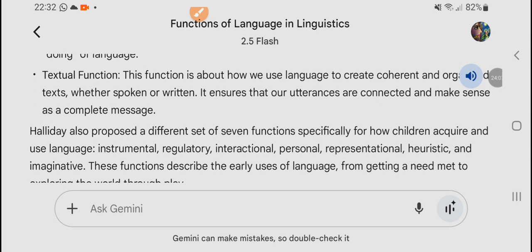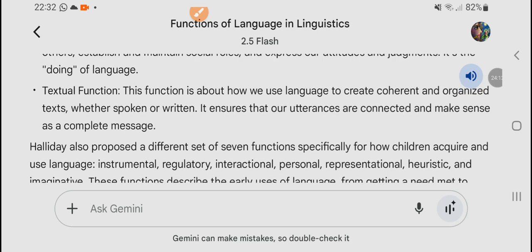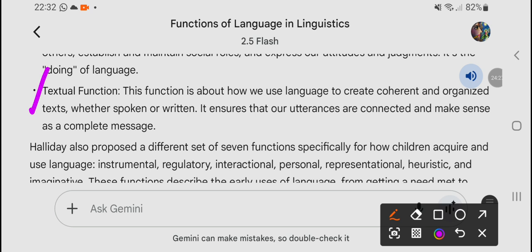Now the last is textual function. This function is about how we use language to create coherent and organized text, whether spoken or written. It ensures that our utterances are connected and make sense as a complete message. This is somewhat formal, actually, for writing.